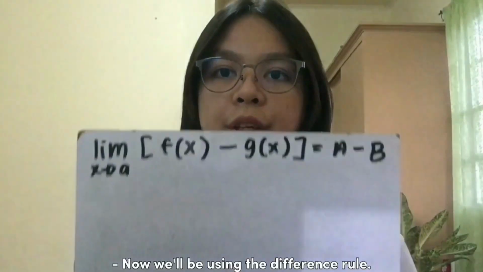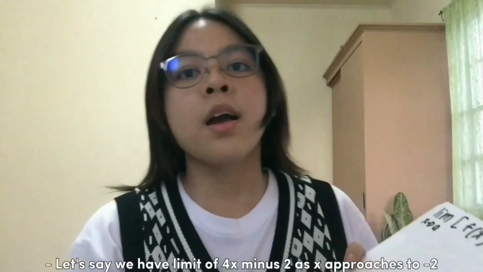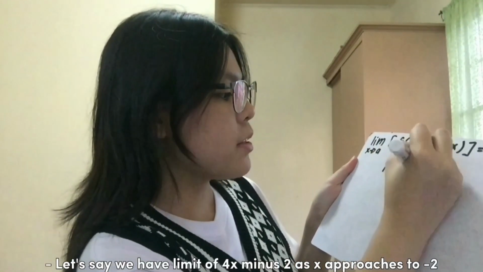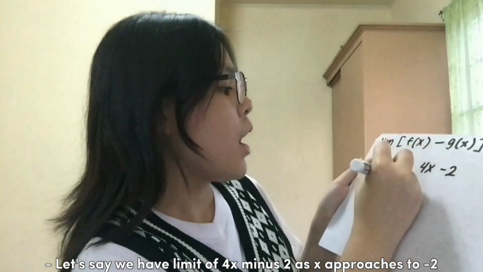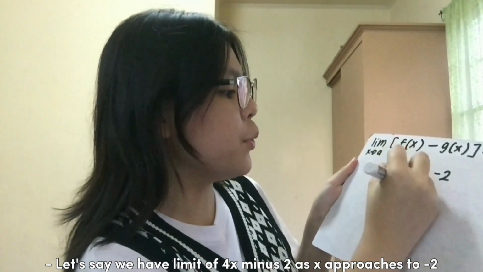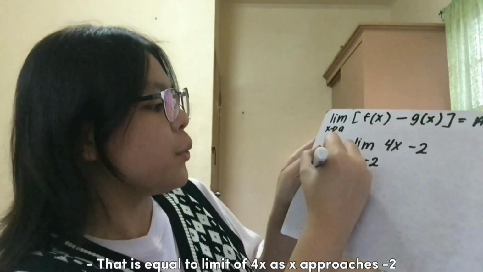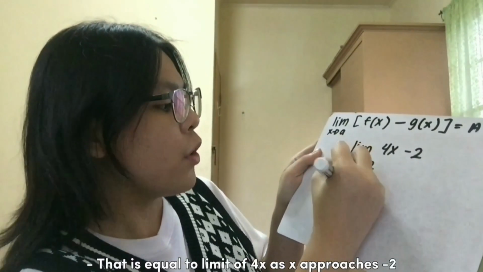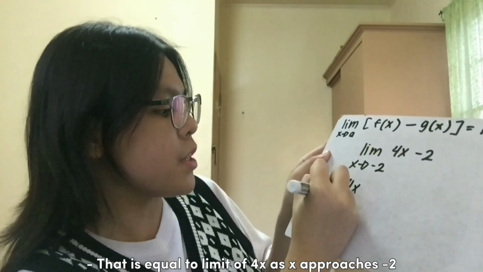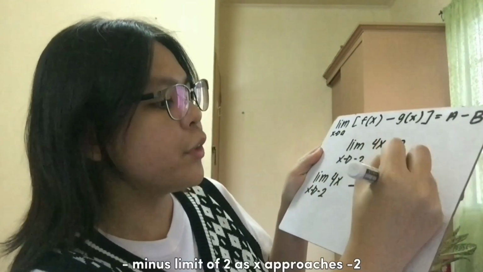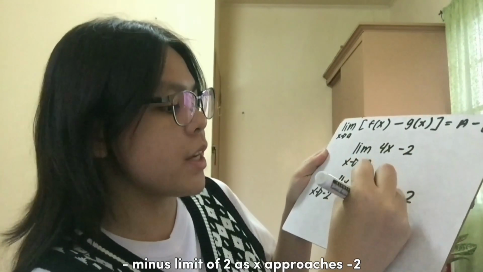Now we'll be using the difference rule. Let's say we have the limit of 4x minus 2 as x approaches negative 2. Applying our theorem, that is equal to the limit of 4x as x approaches negative 2 minus the limit of 2 as x approaches negative 2.